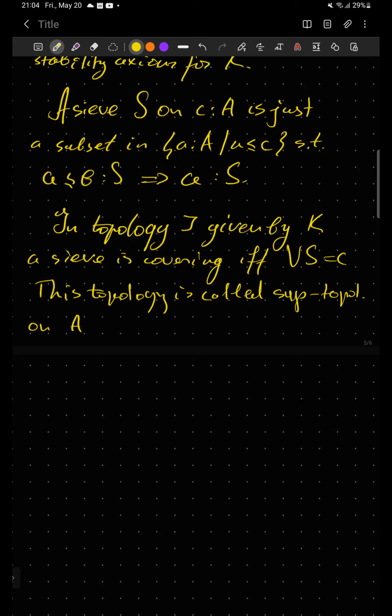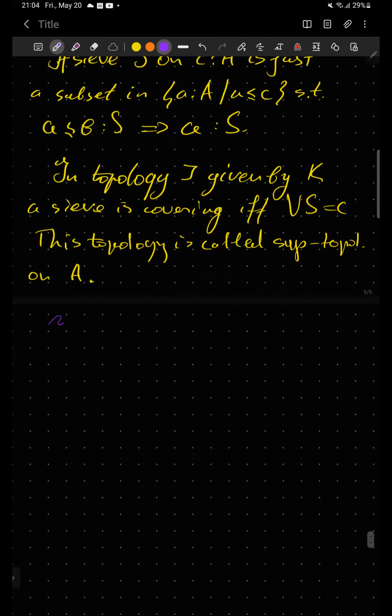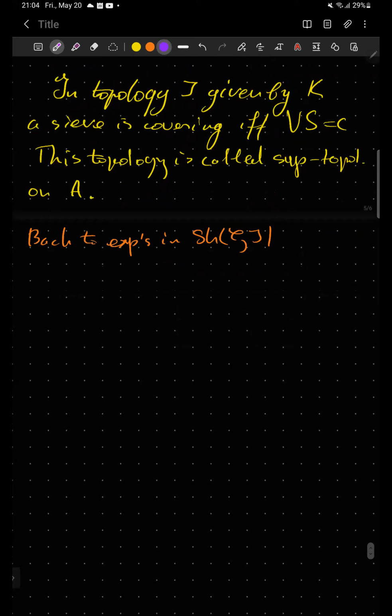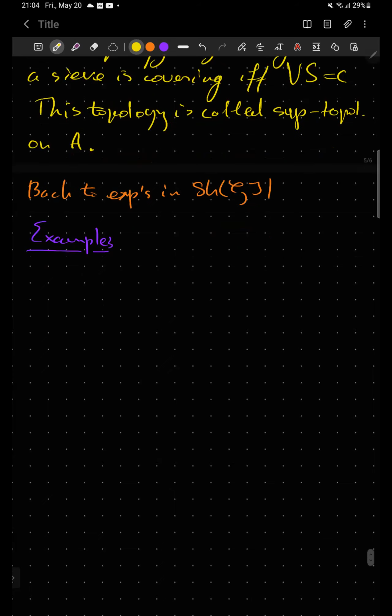Okay, so now let's return back to our topic of studying exponentials in categories of sheaves and consider the case of a complete Heyting algebra. Let A be a complete Heyting algebra.